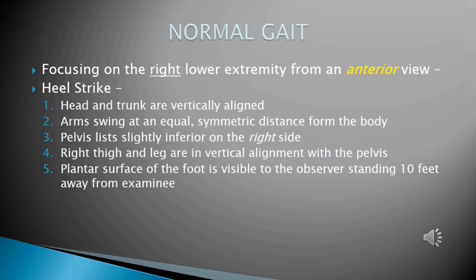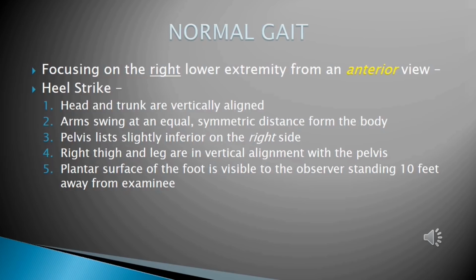Okay, let's go back to normal gait at heel strike now, and let's take a look at the anterior view of the body at heel strike. We notice that the head and trunk are vertically aligned. From the front, we notice that the arms swing at an equal and symmetric distance from the body. The pelvis lists slightly inferior on the right side.